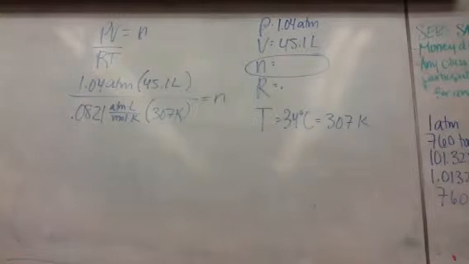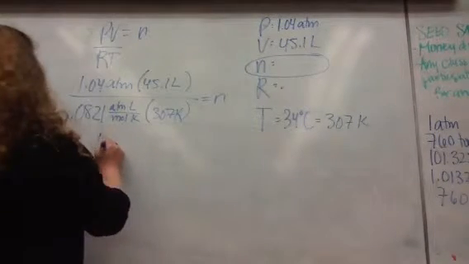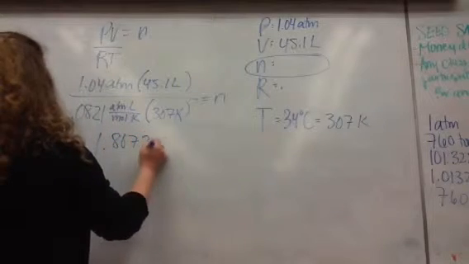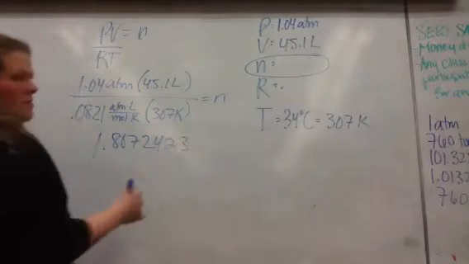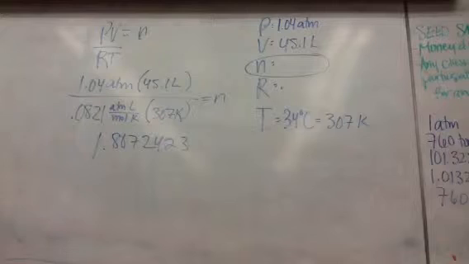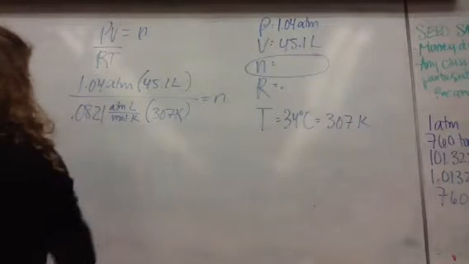Okay, what do you have for number of moles? I get 1.8072423. Is that what you got? No, it was 1.86. Oh, I see what I did wrong. My mistake.